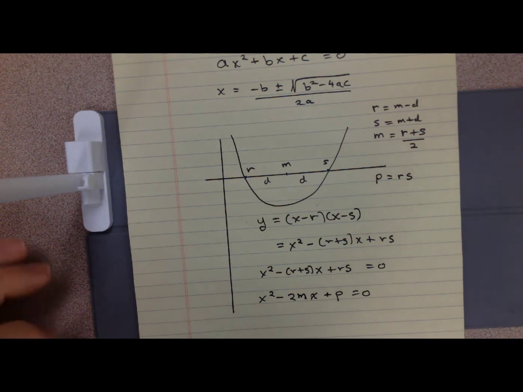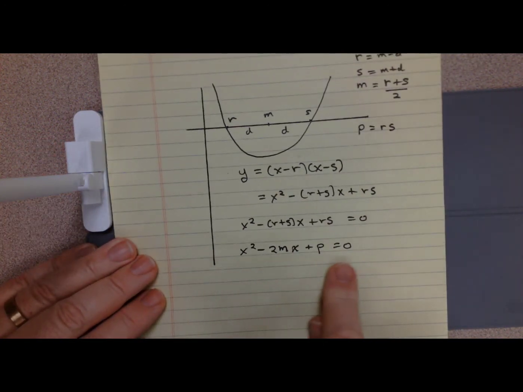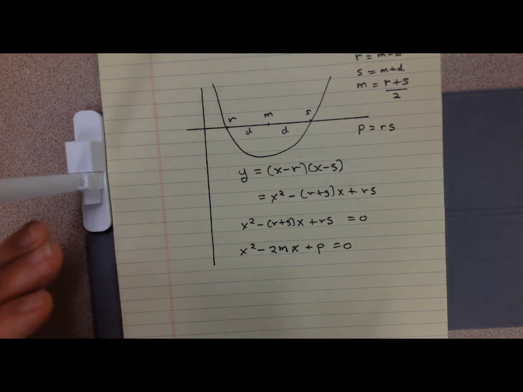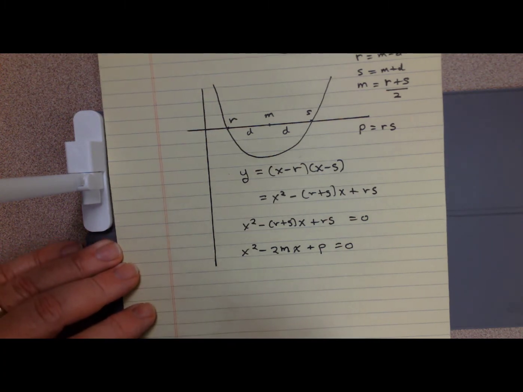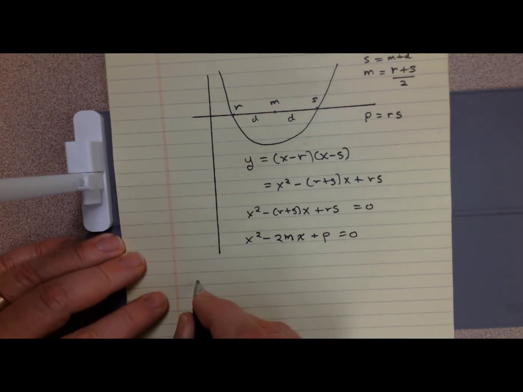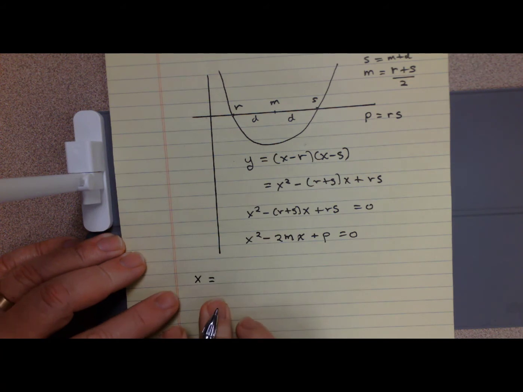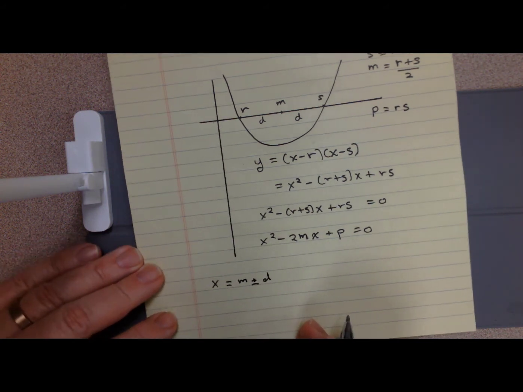Now, I have this form of my equation. How can I solve for x? Well, my x is my roots r and s, so I can say x is equal to m plus or minus d. What is d?